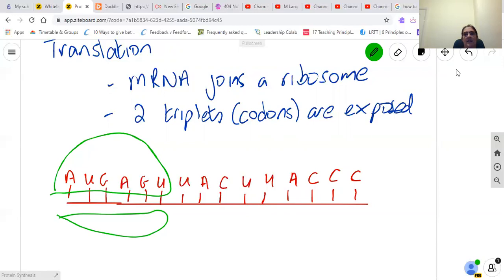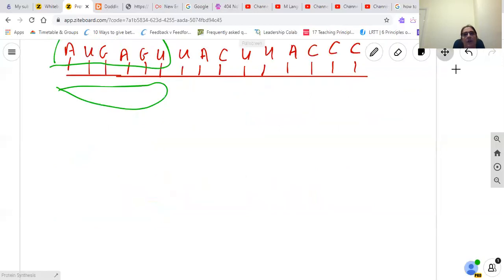Now, sitting in the cytoplasm, there will be transfer RNAs. Now, transfer RNAs are RNAs that form into this sort of clover shape. They're still single-stranded, but they form hydrogen bonds between them.